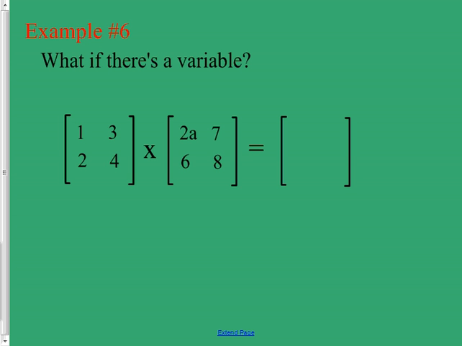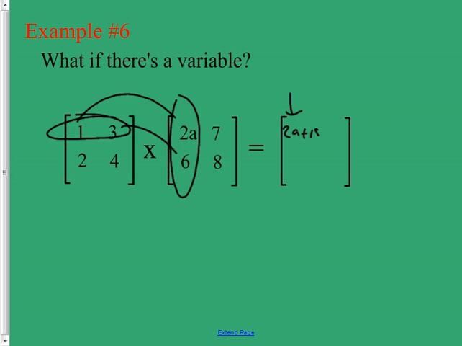So, you should have said, this is row 1, column 1, so you should have said row 1, column 1. Those go together. 2a times 1 is 2a. Then you add 6 and 3 is 18. 2a plus 18. Raise your hand if you had that right. Okay, good. Row 2, column 1 is going to be 4a and 24. 4a plus 24.